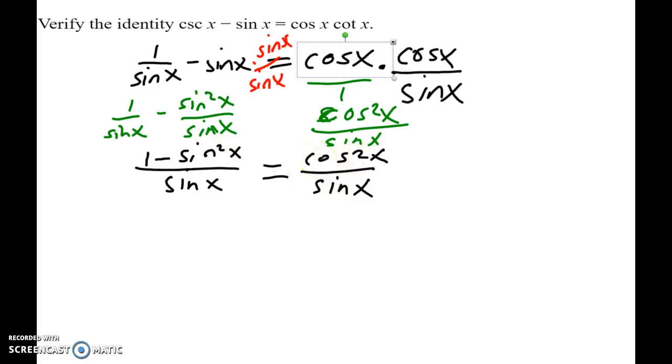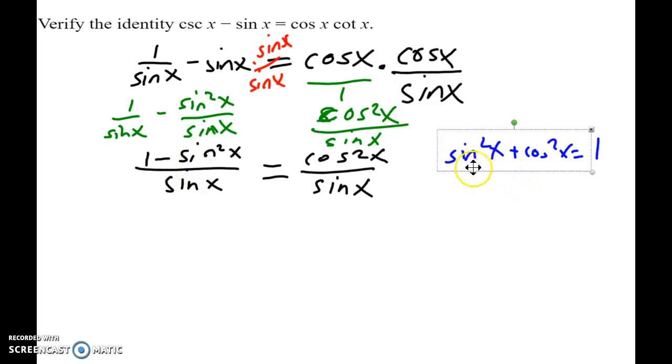Well, if we take a look at our Pythagorean identity, it says that sine squared of x plus cosine squared of x is equal to 1, and rearrange that a little. If I subtract sine squared from both sides, I can say that cosine squared of x is equal to 1 minus sine squared of x.